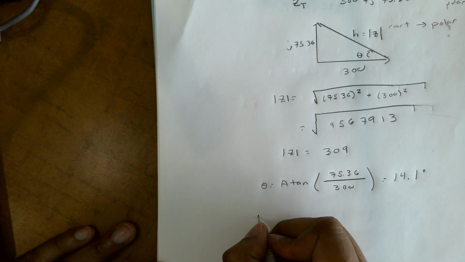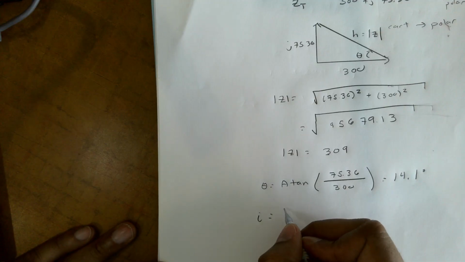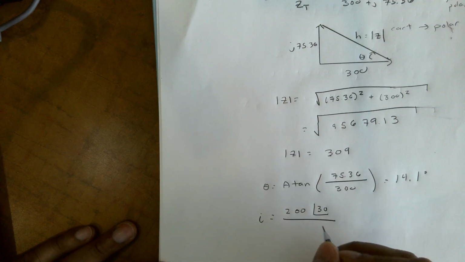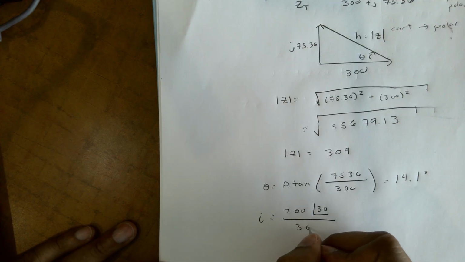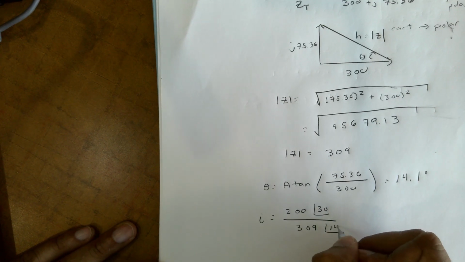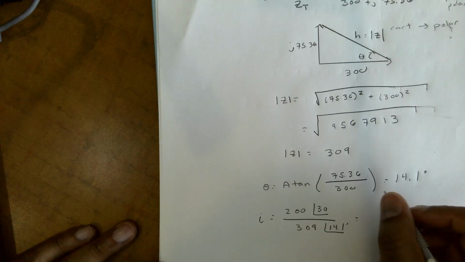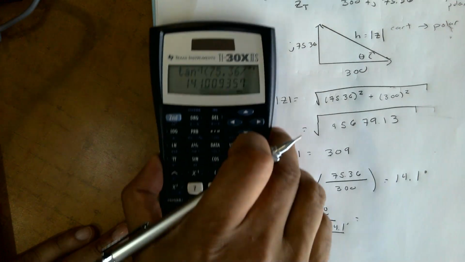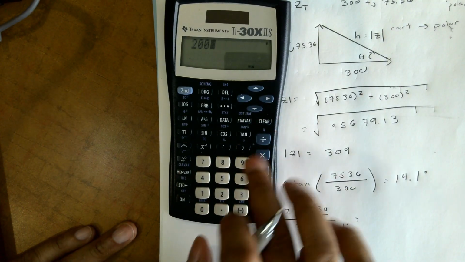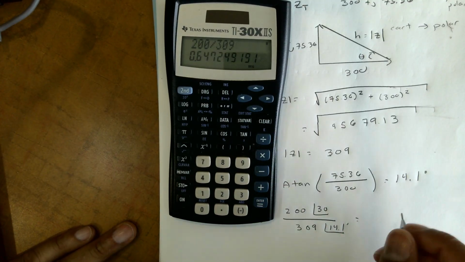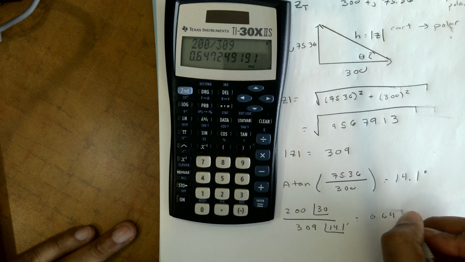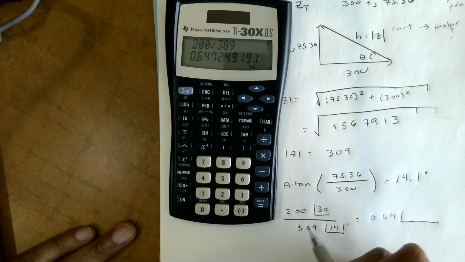We write I is 200 divided by 309 at 14.1 degrees, which gives us what? 200 divided by 309 is what? 0.64 amps, as long as I can see the division.